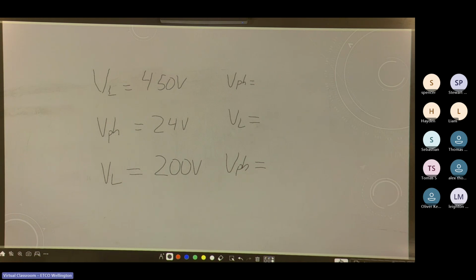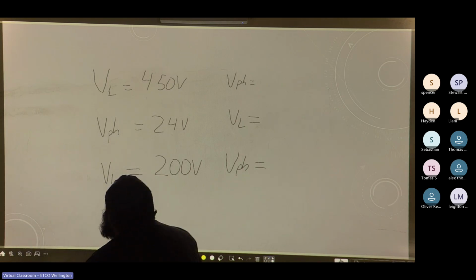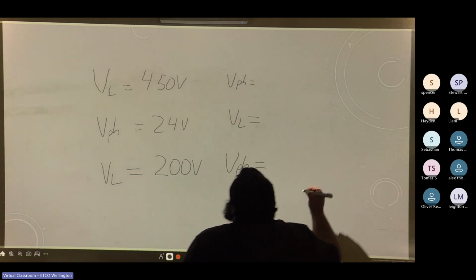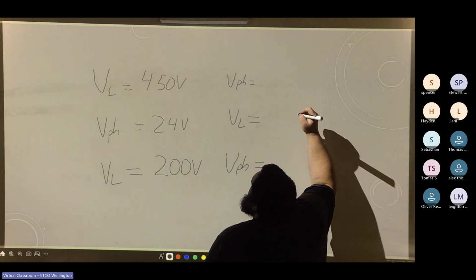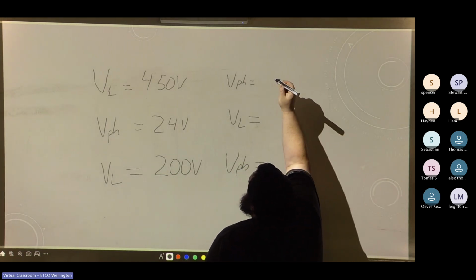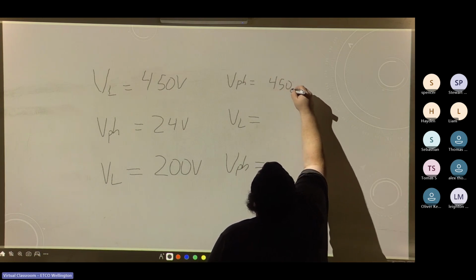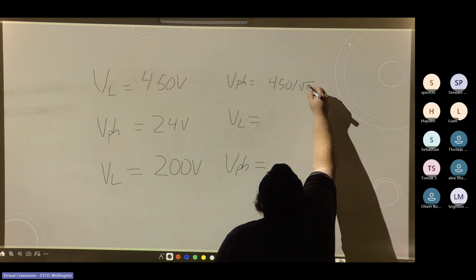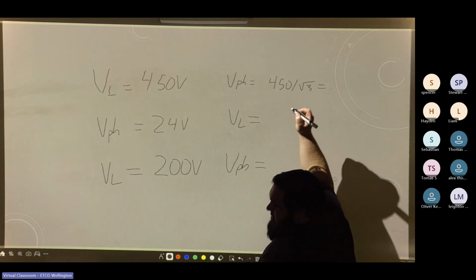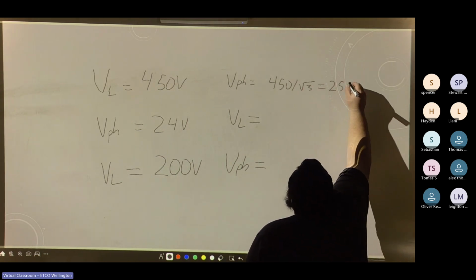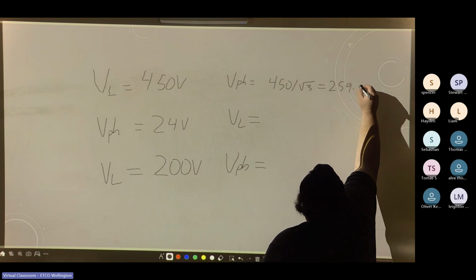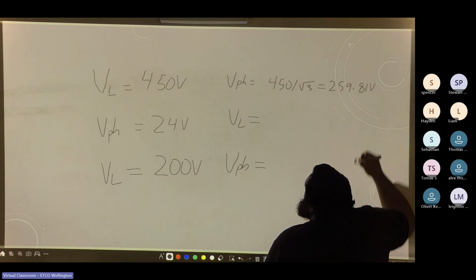Okay, Ollie, you seem to have got your head around this quite quickly. So I'll grab my pen. First one, your V phase is going to equal your VL divided by the square root of 3. You take your 450 and divide it by square root 3, which gives you 259.81 volts.